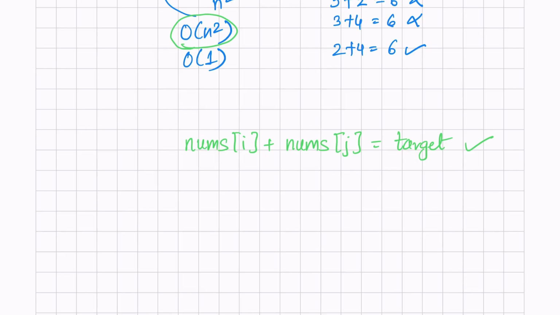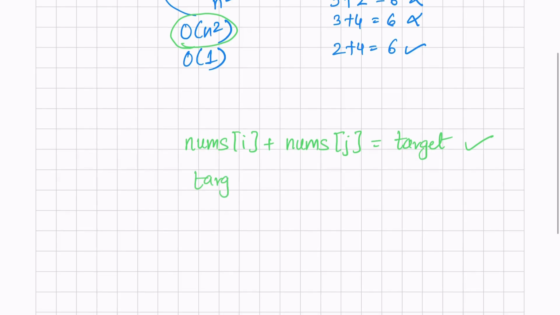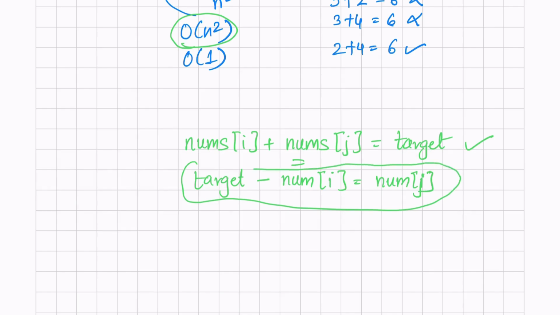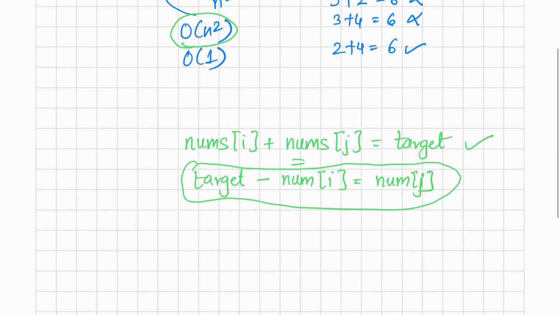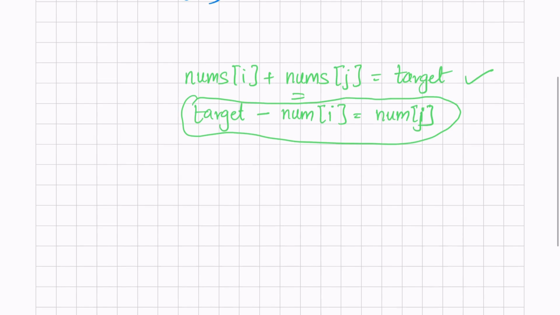What if we say target minus nums I equals nums j? Both of these equations are equivalent. We just rearranged. We brought target to the LHS and we took nums j to the RHS. So our new equation becomes target minus nums I equals nums j.